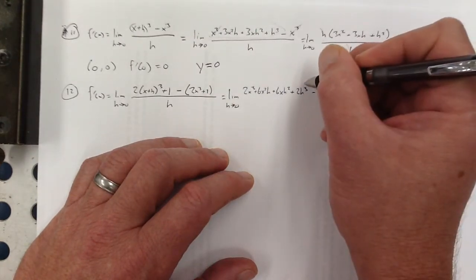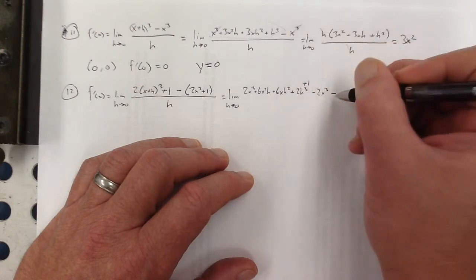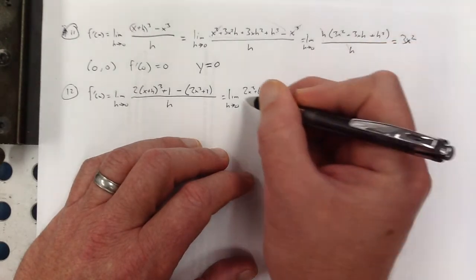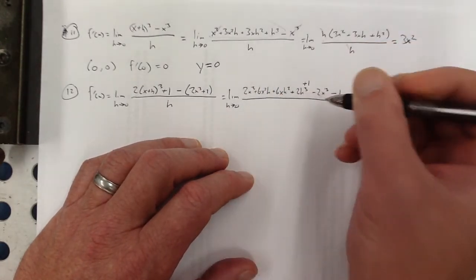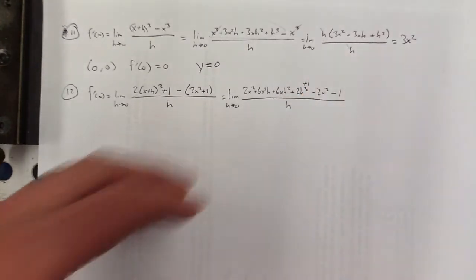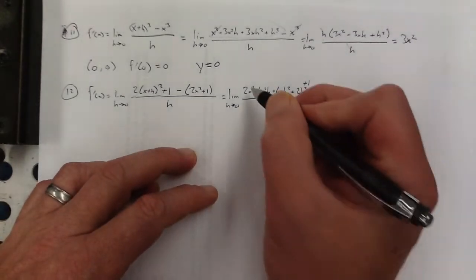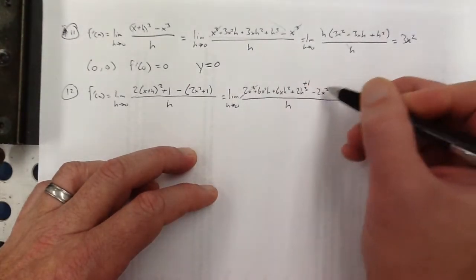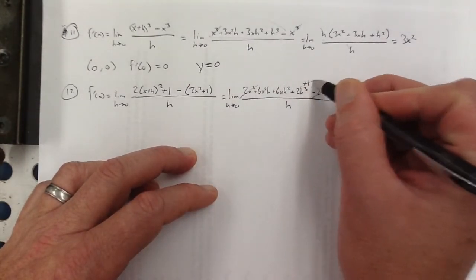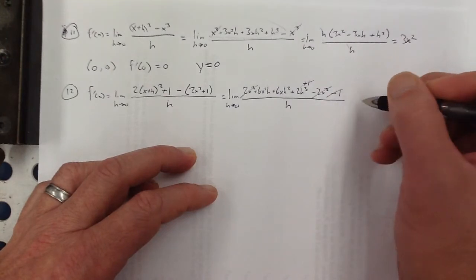Oh, I forgot the plus 1 here. That's the mistake I'm talking about. That's a catastrophic error. But the good news is you can usually catch those mistakes, because if there's a thing that needs to cancel out and it's not canceling out, then look back, maybe you made a little error. So 2x cubed, those cancel out, and the plus 1 and the minus 1 cancel out.